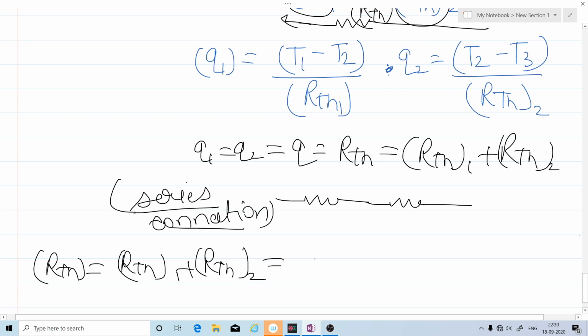Now this is very easy to calculate. For the first slab, thermal resistance 1 is L1 by K1A, and for the second slab, thermal resistance is L2 by K2A.